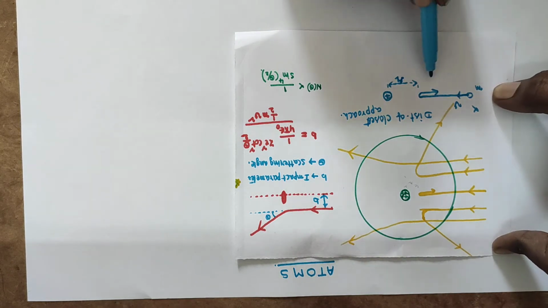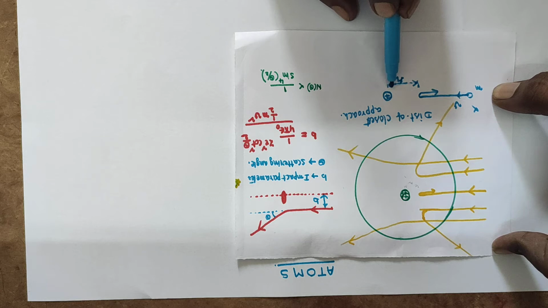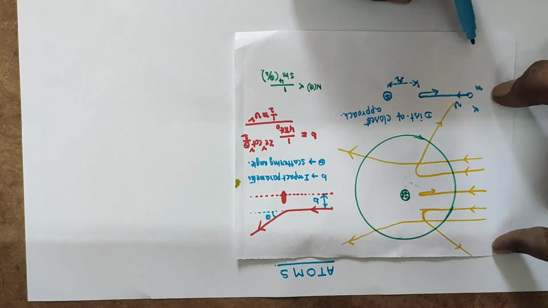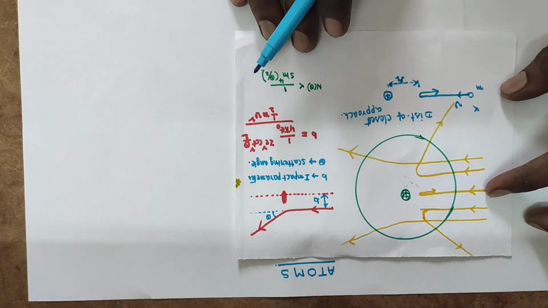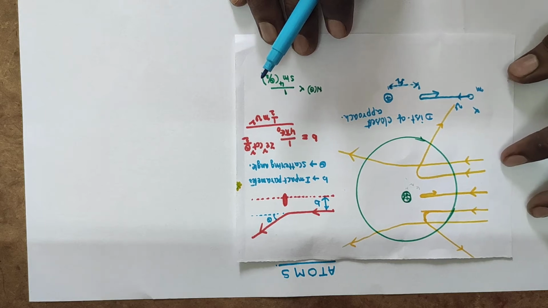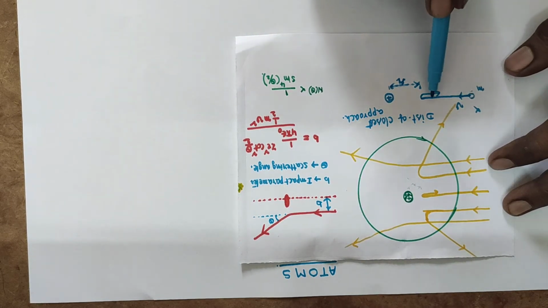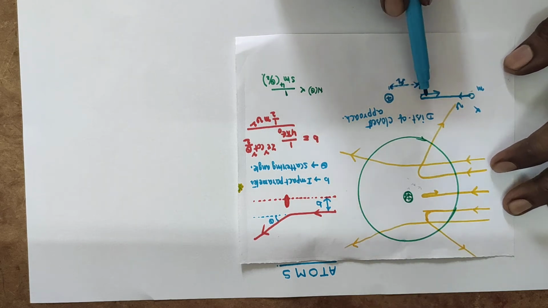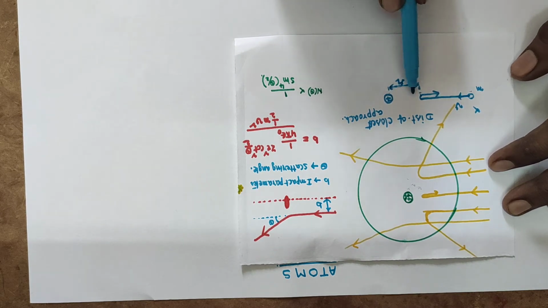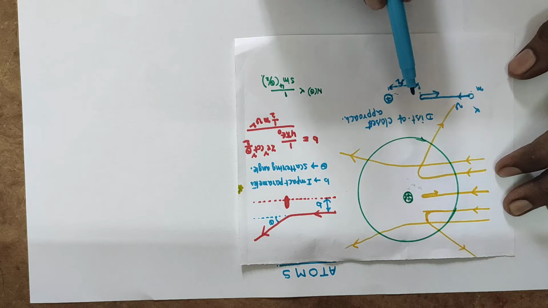And here this distance of closest approach can be calculated by applying the law of conservation of energy. That is, here the kinetic energy of the alpha particle gets converted into potential energy.